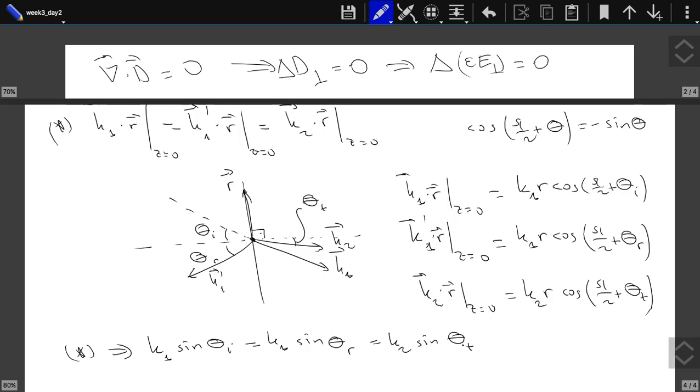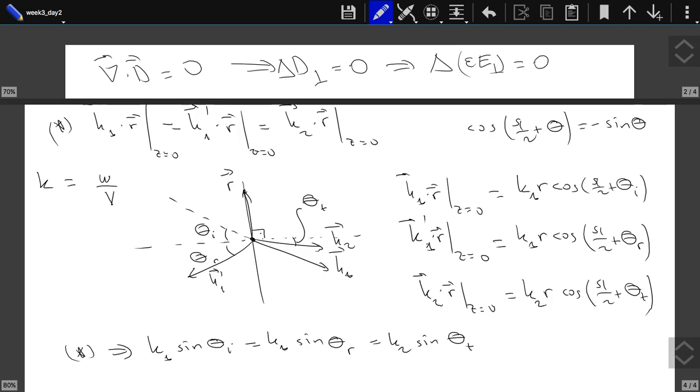So let's see, what is K in general? We know that K is omega over V, right?